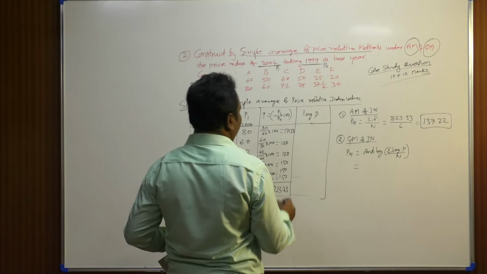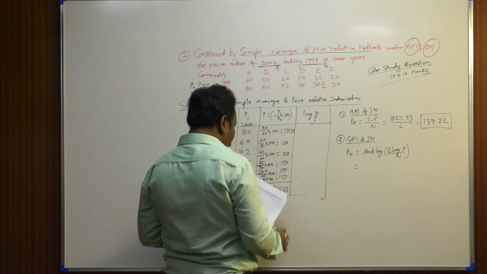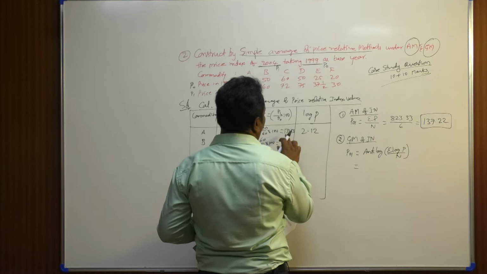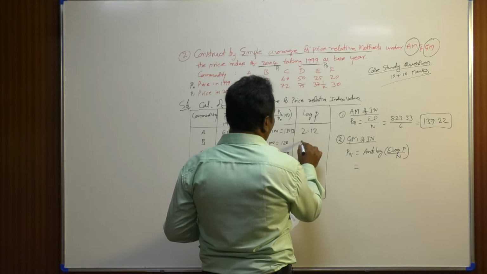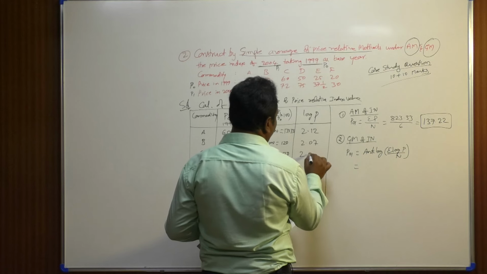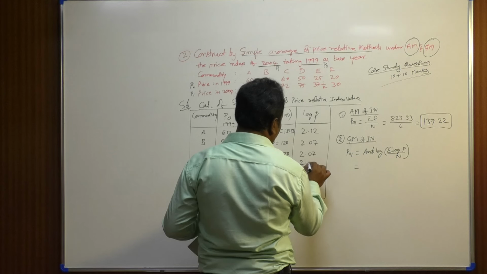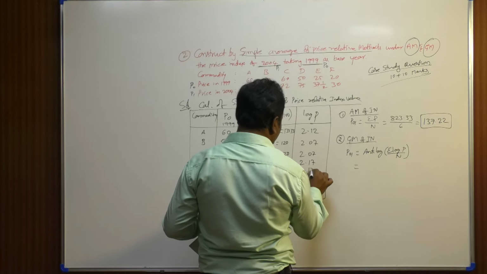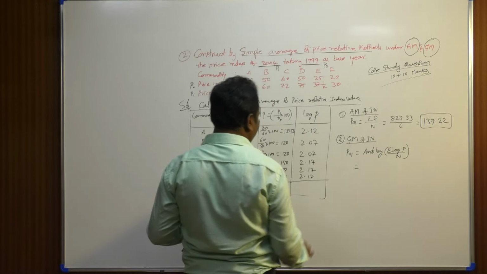Log of 133.33 is 2.12, log of 120 is 2.07, log of 120 is 2.07, and log of 150 is 2.17, 2.17.